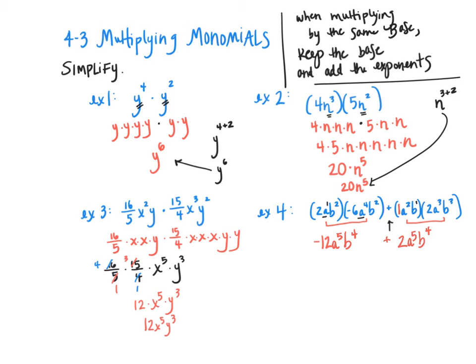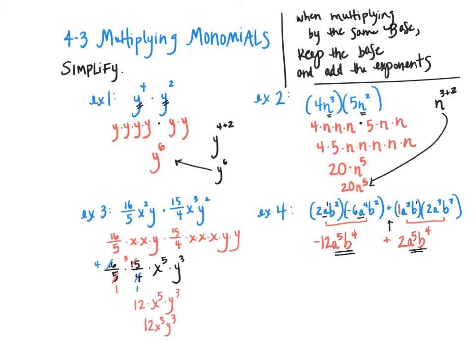Now, from our last section, we were adding like terms. So remember, adding has totally different rules than multiplying. So we can only add things that are common. So you could think of this almost like negative 12 apple banana smoothies plus 2 apple banana smoothies.